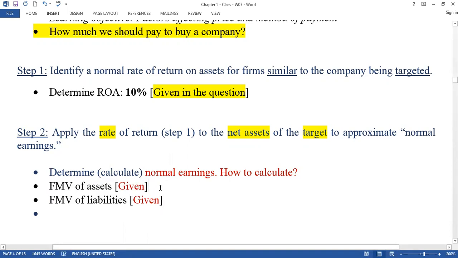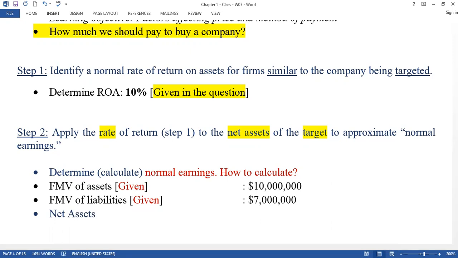So for example, I can give you random numbers. It is something like $10 million for assets and $7 million for liabilities. From this information, you have to calculate net assets.